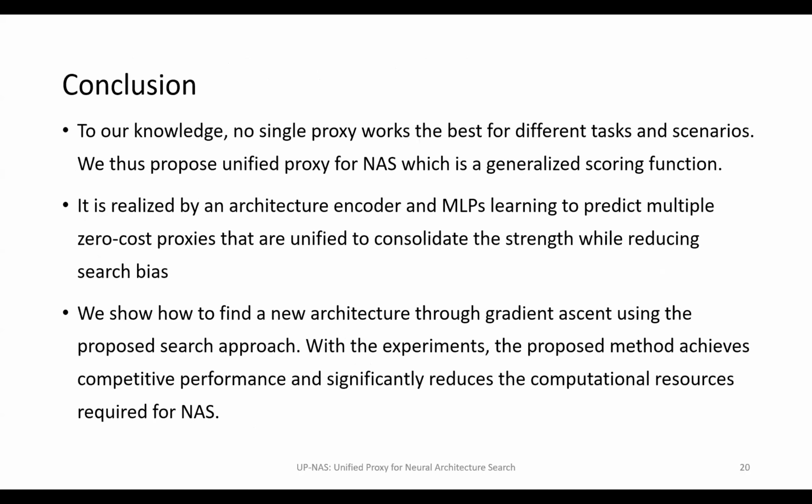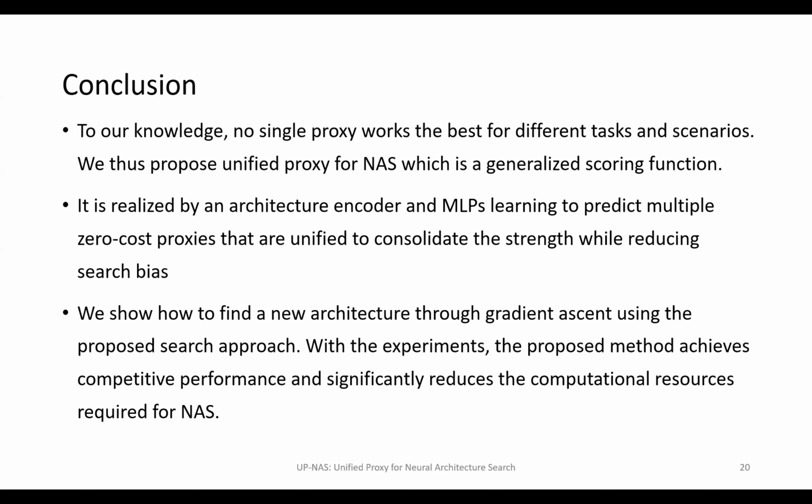So the conclusion is that, to our knowledge, no single proxy works best for different tasks and scenarios. We thus propose a unified proxy for NAS. It is a generalized scoring function, realized by an architecture encoder that is simply based on the network topology, and we design a multi-layer perceptron to learn to predict multiple zero-cost proxies and then unify them.